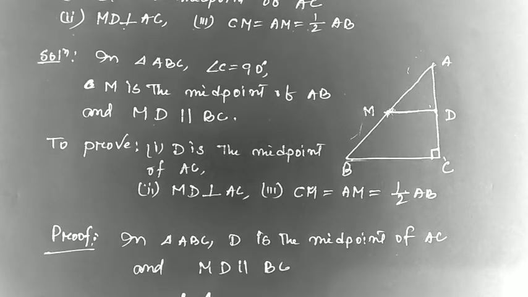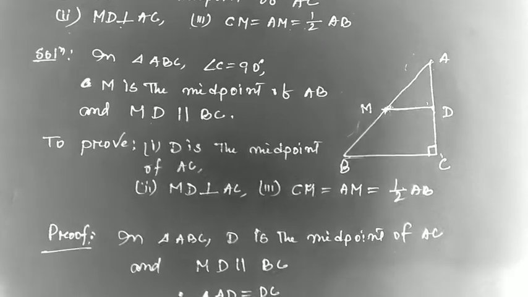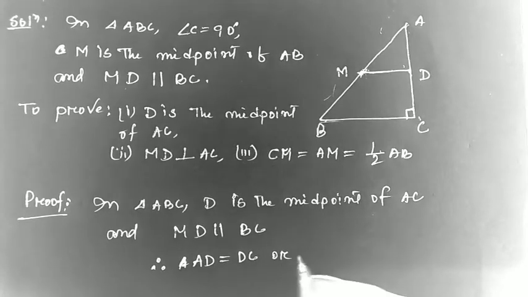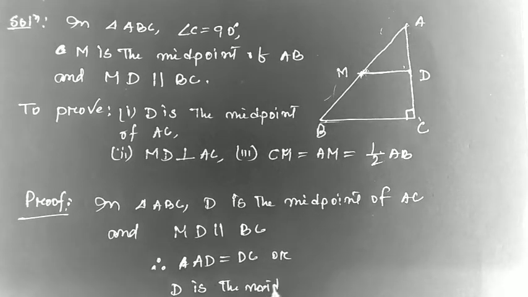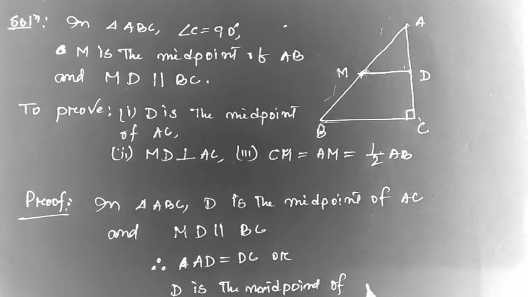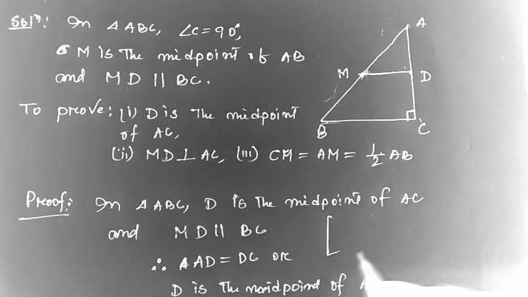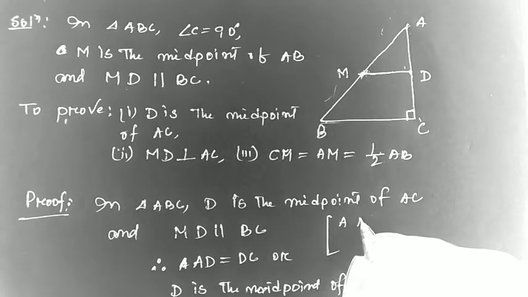So we can write, therefore, AD is equal to DC, or D is the midpoint of AC. Why?